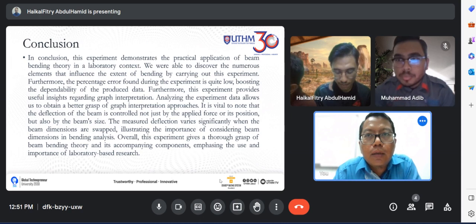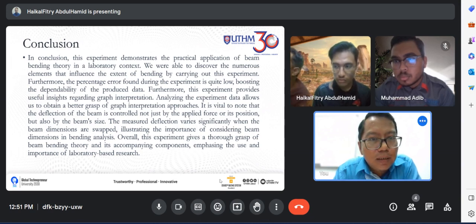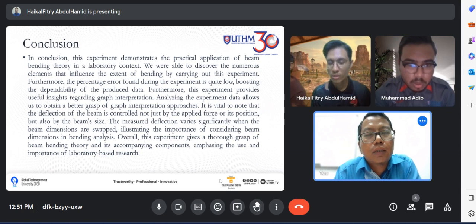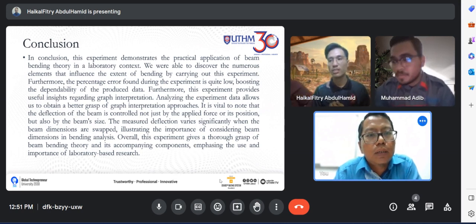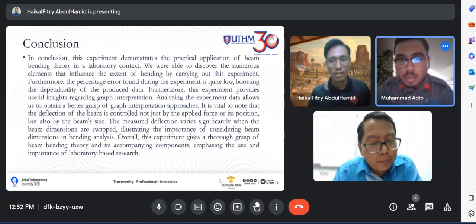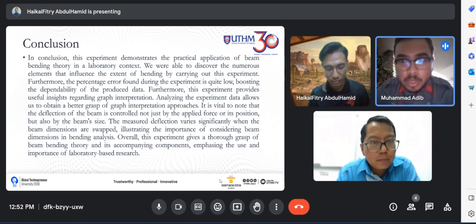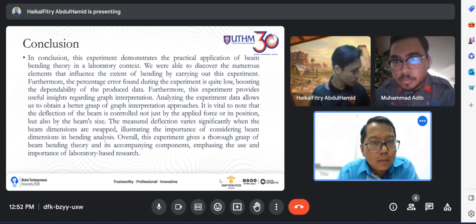Can you propose any other parameter or variable that we wish to study regarding bending of beam, besides the span length, the thickness, and the different type of load? What else? The other variable we can use is the type of material of the beam. Correct. Next.